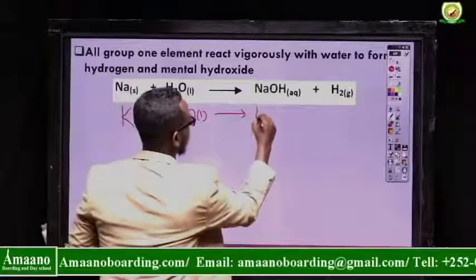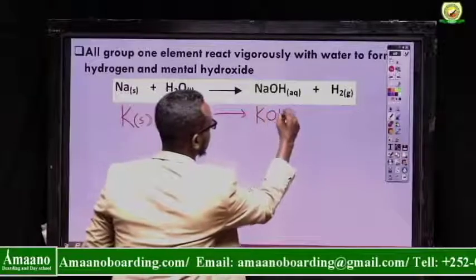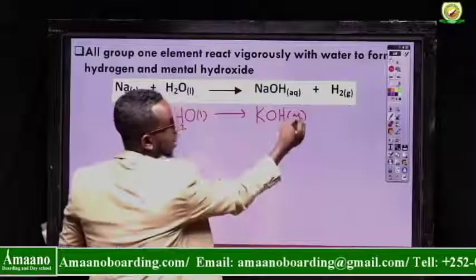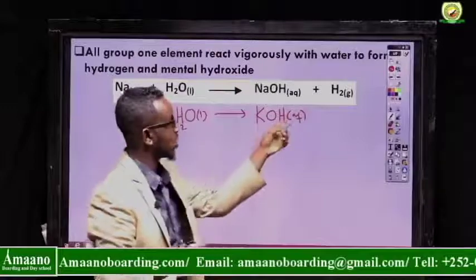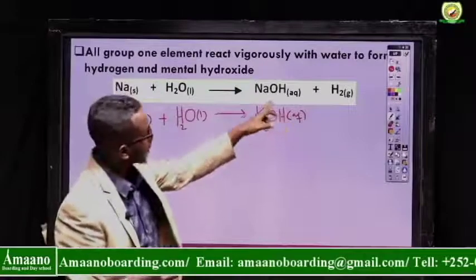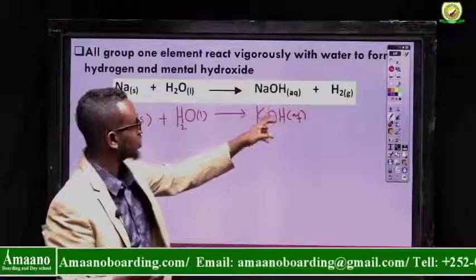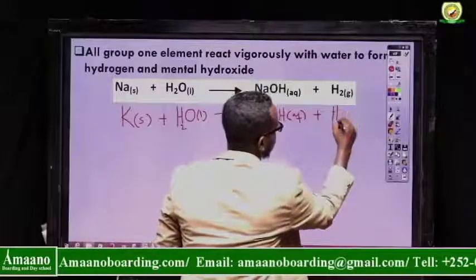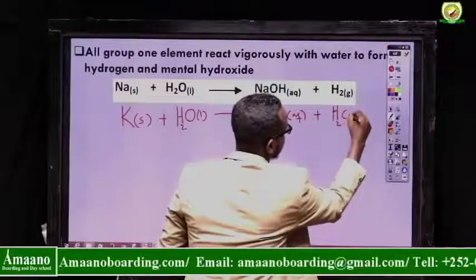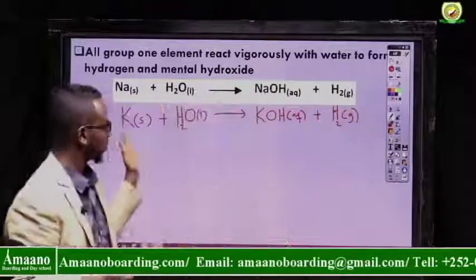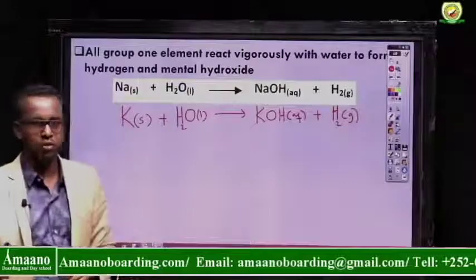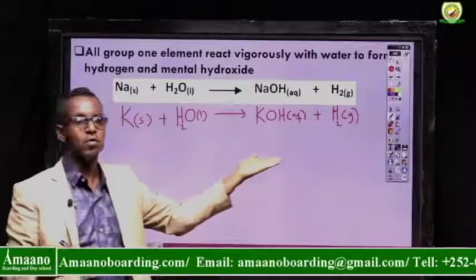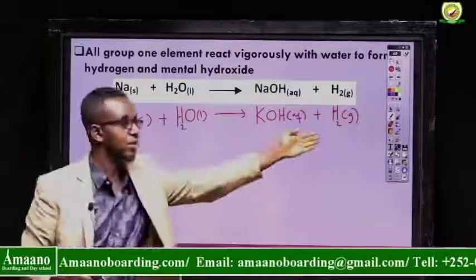So it's supposed to be potassium hydroxide, aqueous solution. Aqueous means water. So it's a base, or alkaline, dissolved in water, plus hydrogen gas. So hydrogen gas bubbles off. So this is the equation of group 1 elements when they react with water: they produce metal hydroxide and hydrogen gas. If you want to write lithium, it is the same principle with this equation.